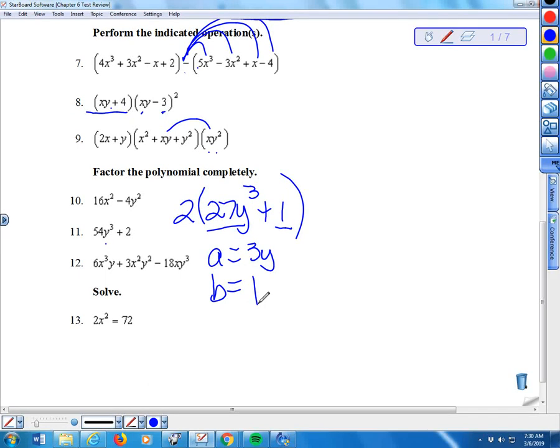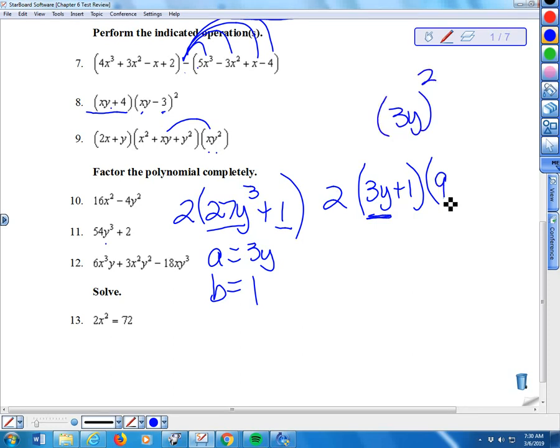Then I use my formula, 3y plus 1. Then I square 3y, and be careful because when you square 3y, both terms are squared. Okay? Then I subtract 3y, just this times this, and then I add the square of 1, which is just 1. And I'm done. There's no other factoring I can do.